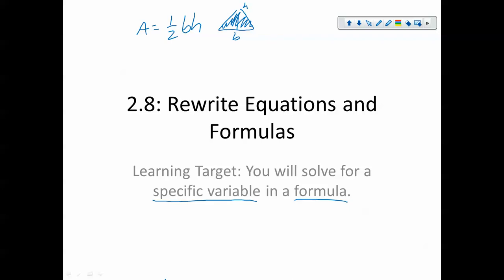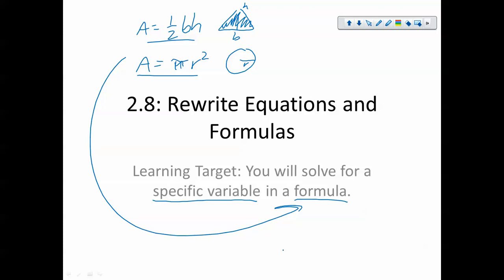This will tell you the area on the inside, right? You might have A equals pi r squared, and that was the area of a circle, where that was r, and the area gave you the stuff in between, how much space it took, right? These over here, right, are formulas.